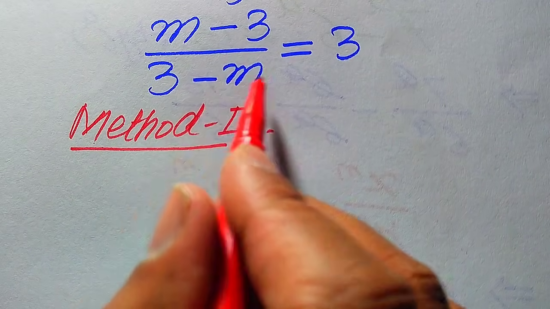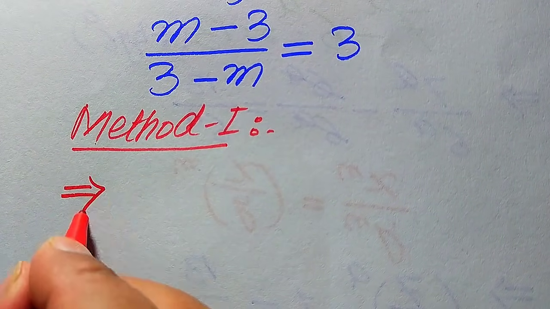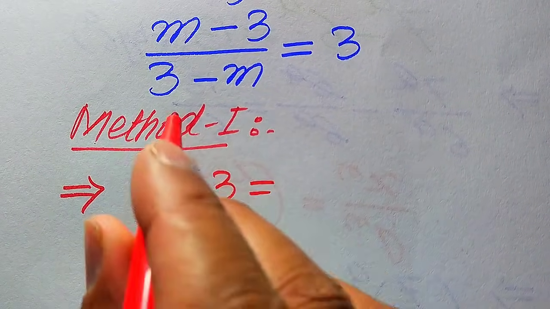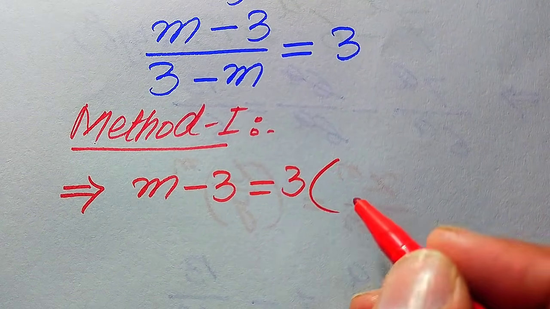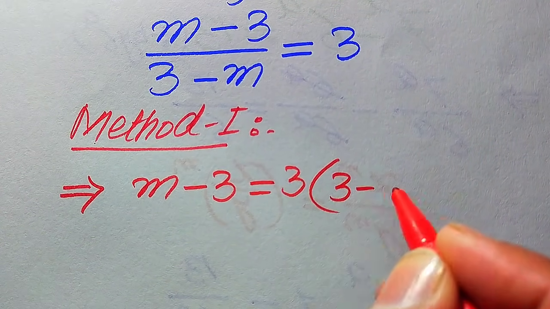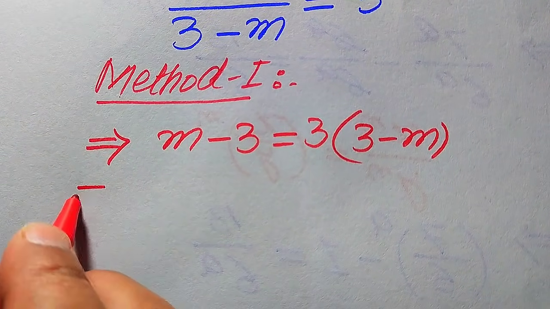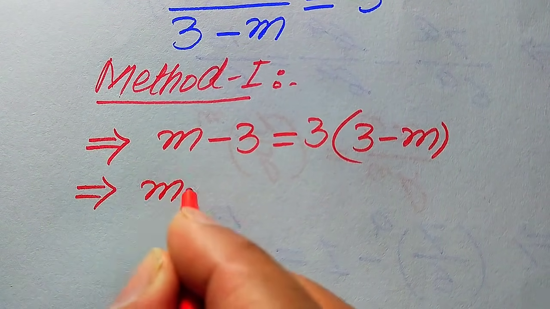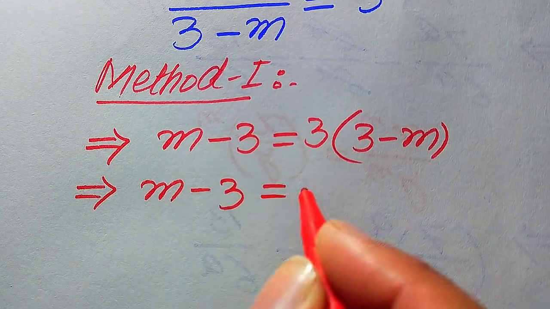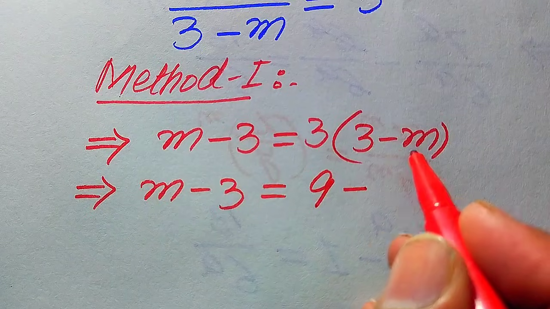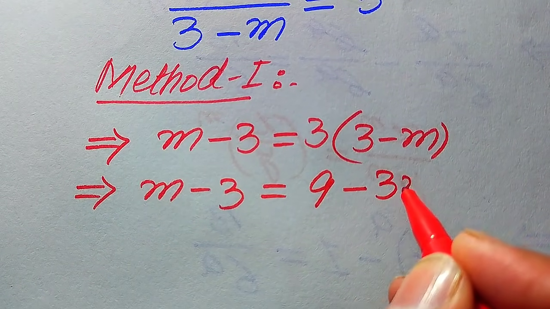When we move it to the right hand side it is multiplied by 3, and it will be written as 3 times (3 minus m). In the next step, with a little bit more simplification, it becomes m minus 3 equals 3 times 3, which is 9, minus 3 times m, which is 3m.